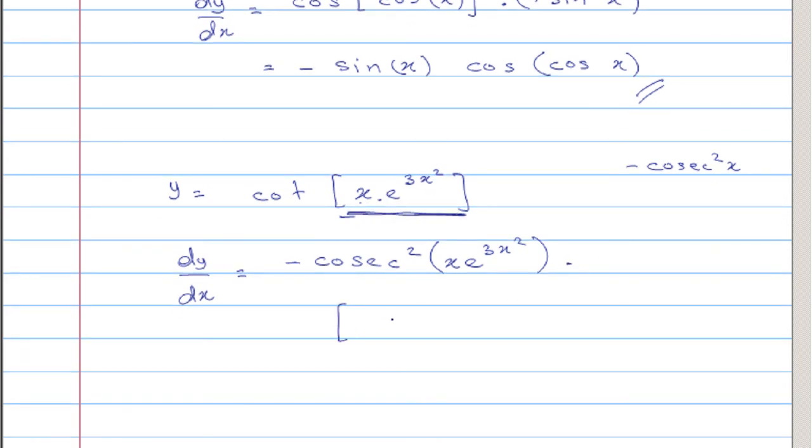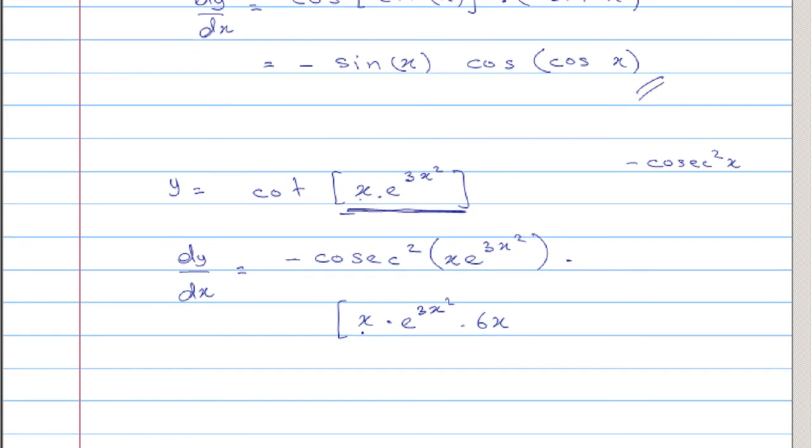So I got all that times, I have u dv over dx plus v du over dx. So if I take the u dv over dx part first, I have the first function x times the derivative of e to the power 3x squared. Now the derivative of e to the power 3x squared is e to the power 3x squared times the derivative of 3x squared, which is 6x.